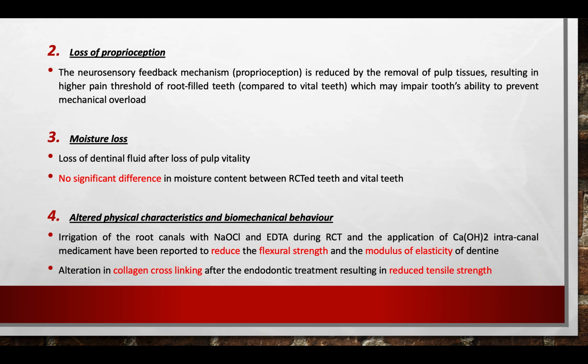So when you bite on something hard, you won't feel the same amount of pressure on a root canal treated tooth as you would on a vital tooth, and this will lead to more increased force on the root-filled teeth, and this will impair the tooth's ability to prevent mechanical overload and may eventually lead to fractures of the teeth.